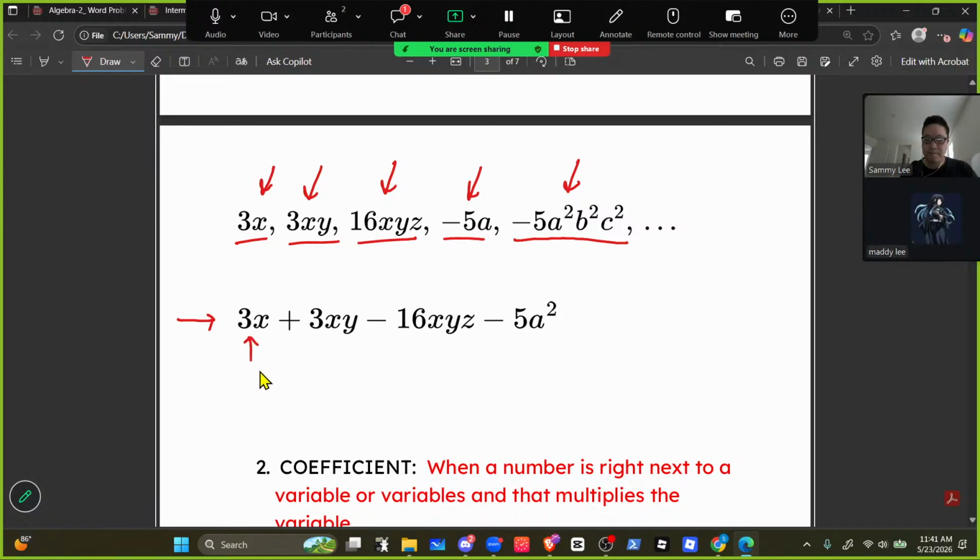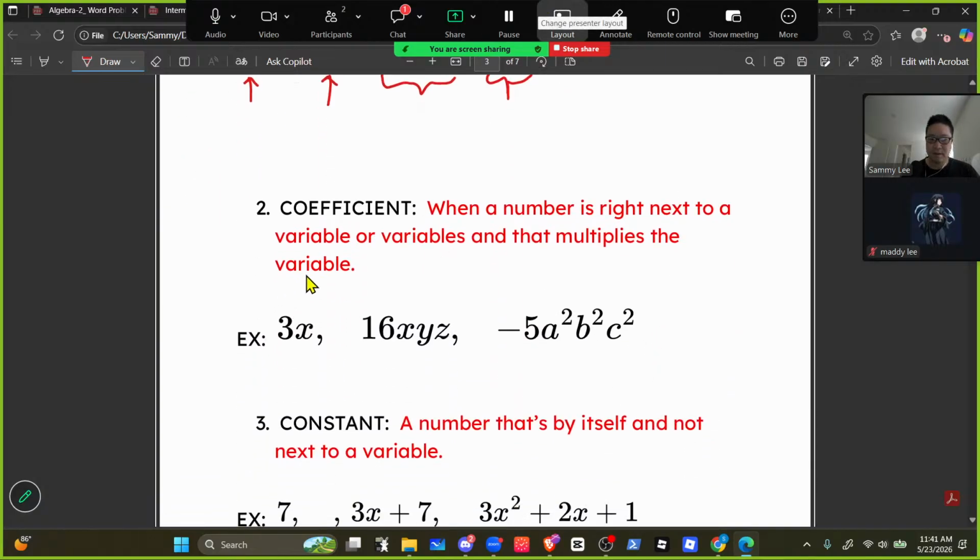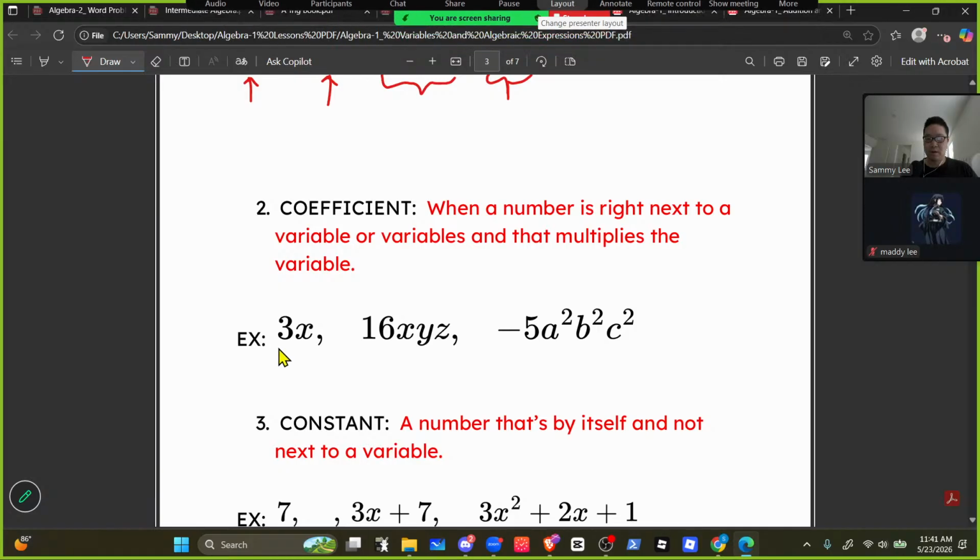Is this a term? Yeah. Is that a term? Yeah. Is this a term? Yes. And is this a term? Yeah, they're all terms. A coefficient is the number in front of a variable or variables in a term. So coefficient in this example is 3.